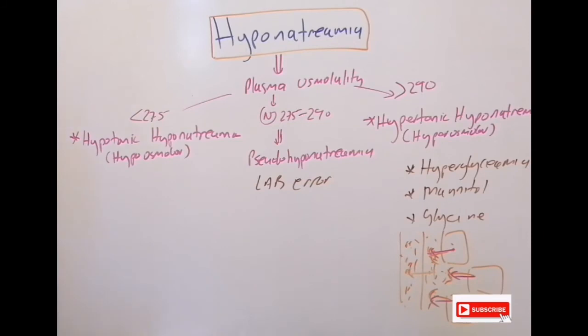If you understand how water moves from one compartment to another, from the interstitial to the intracellular, from the intracellular to the interstitial, it depends on the gradient. I explained this in the previous videos, that it depends on the concentration gradient of the solutes across that membrane.